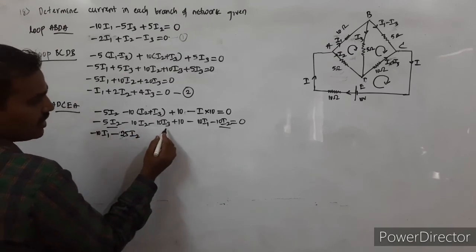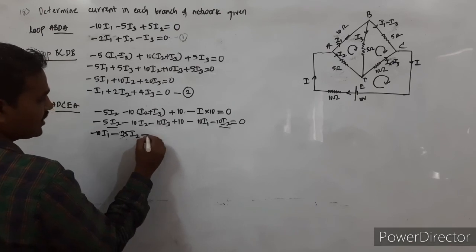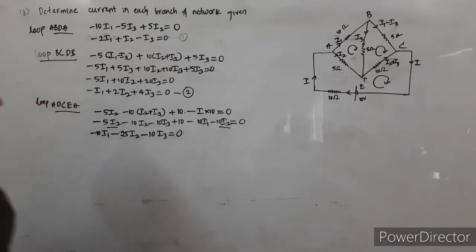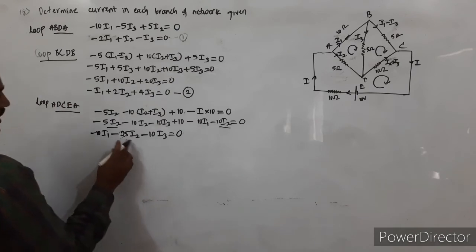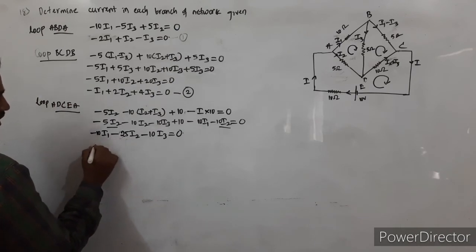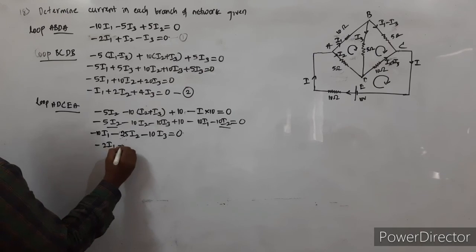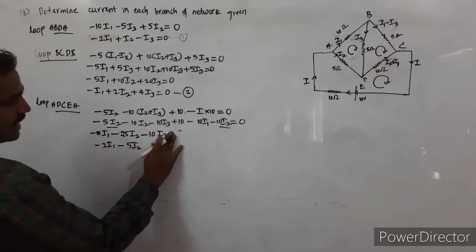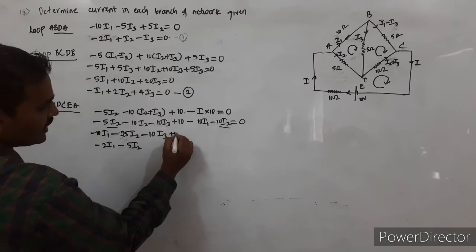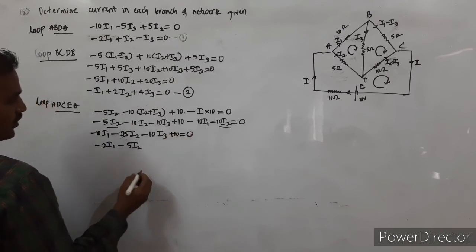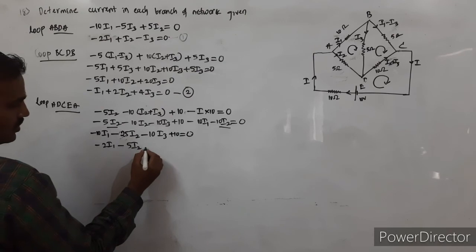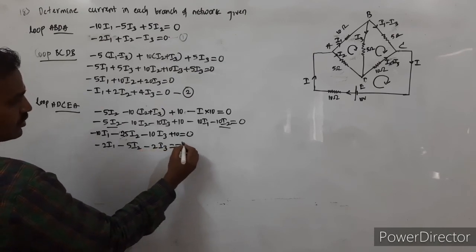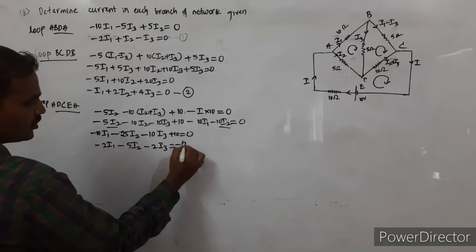Then I will have the I3 term, there is only one I3 term here, minus 10 I3 is equal to what? 0. So I can simplify this again by dividing by 5 here, minus 2 I1 minus of 5 I2, yes, I left 10 here, plus of 10 is equal to 0. Okay, minus 5 I2 minus of 2 I3 is equal to minus of 2.